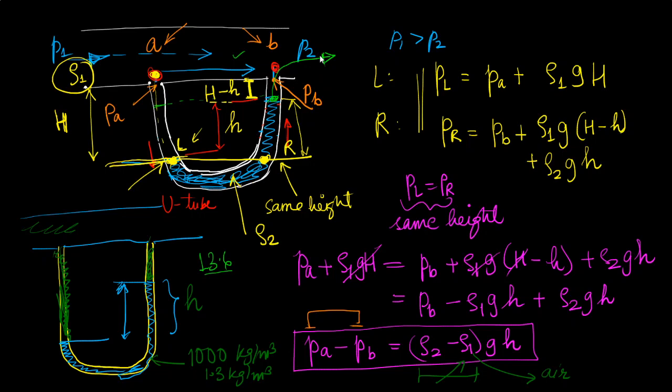So should we proceed? Let's proceed. Let us consider another kind of manometer or pressure gauge which is closed. The pressure gauge is closed, it is not open to the ambient.